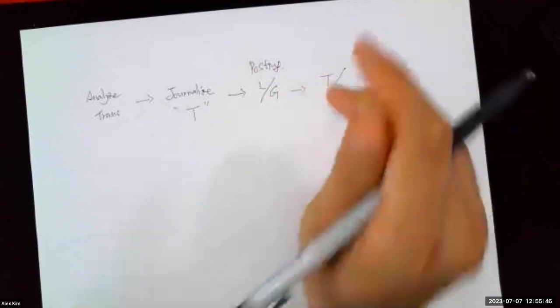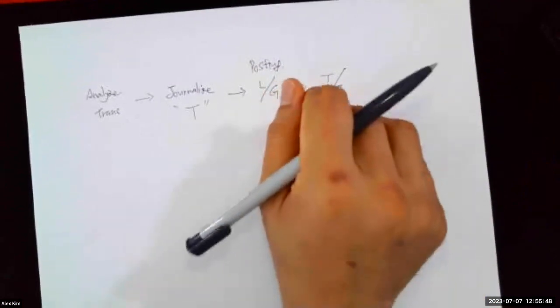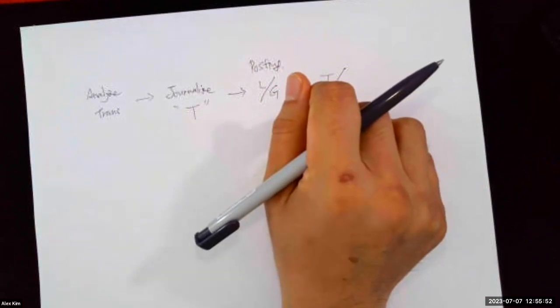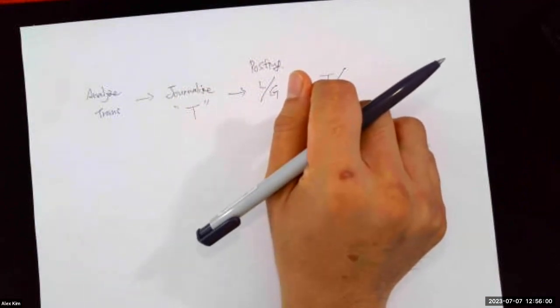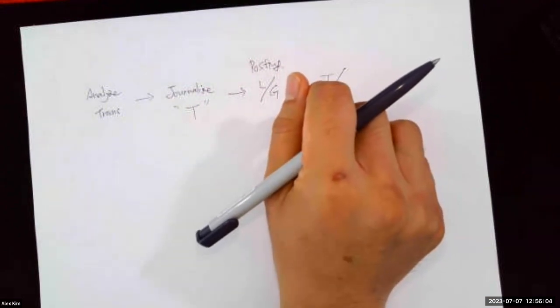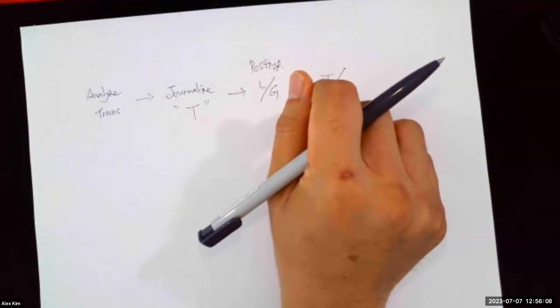But from the first version of the trial balance, some numbers are not enough to publish. That means not accurate enough, not correct enough, like prepaid insurance and insurance expense.